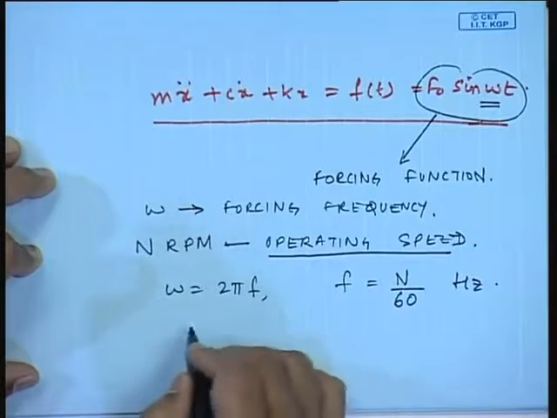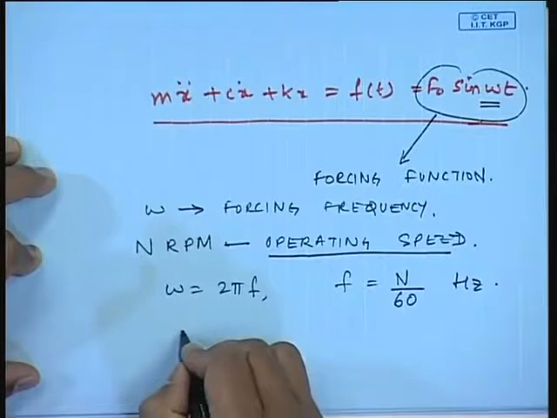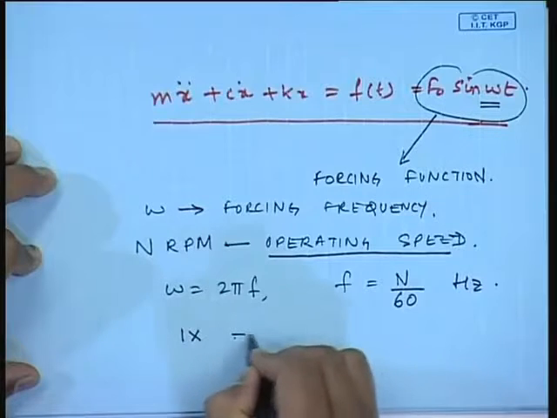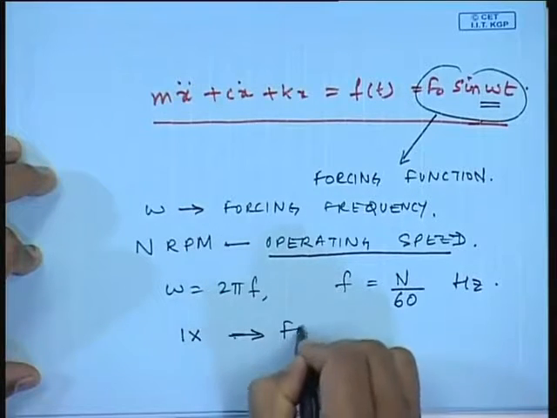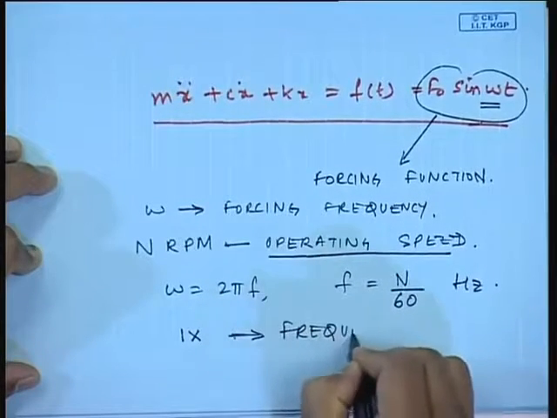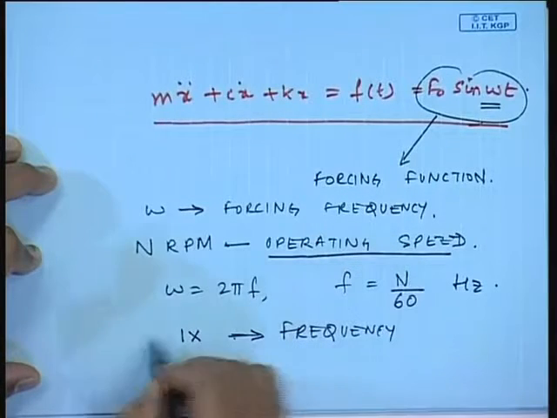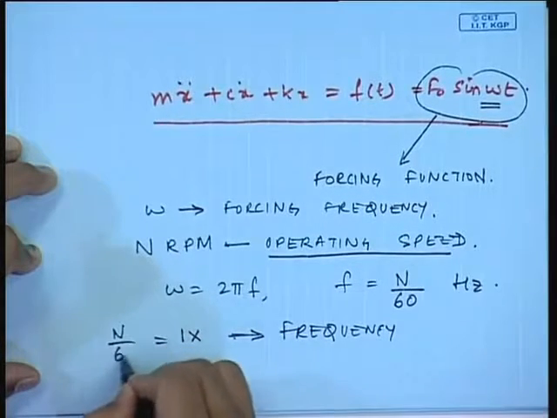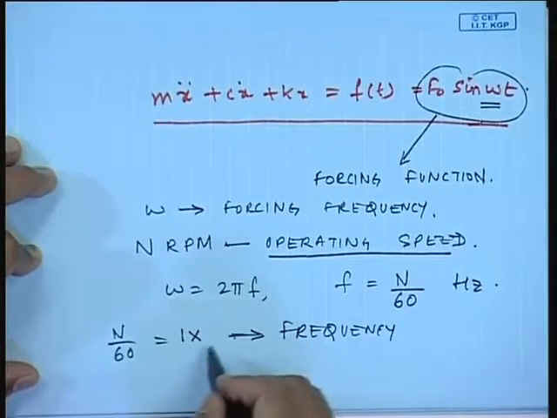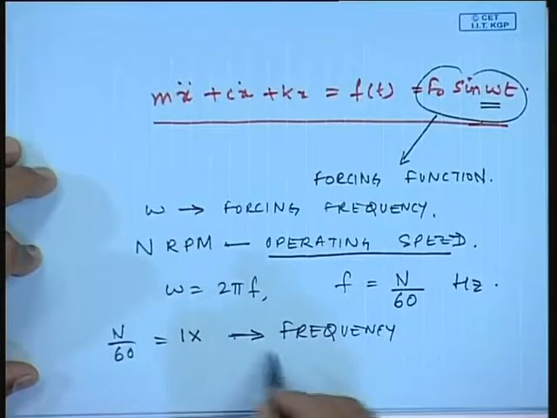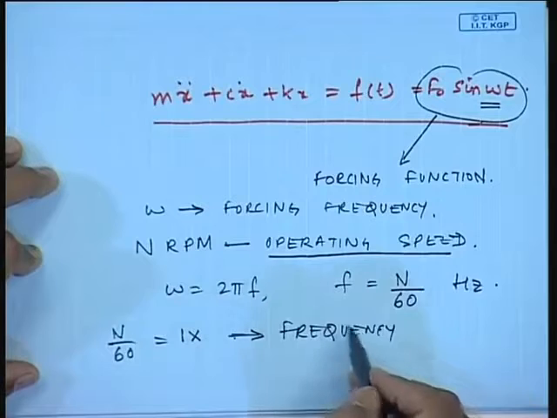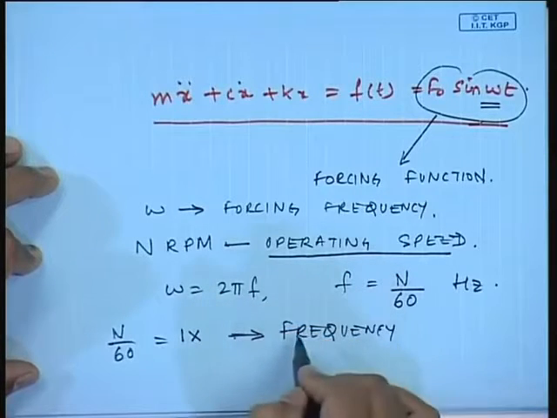So, usually this is how this omega is related to the speed of the machine, and in condition monitoring literature people usually denote this as 1x frequency, nothing but n by 60. Harmonics of it will be 2 times, 3 times, and so on. So, this is the response.